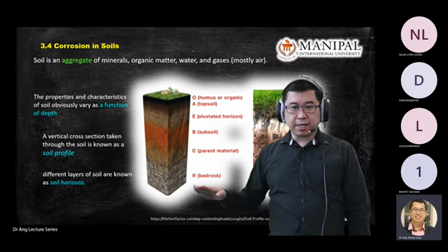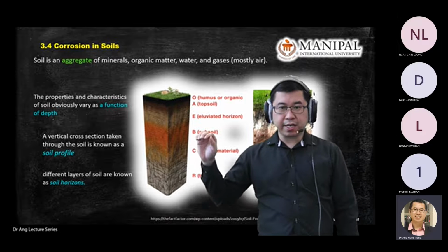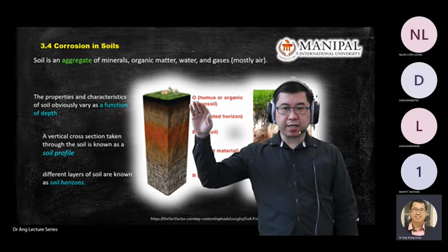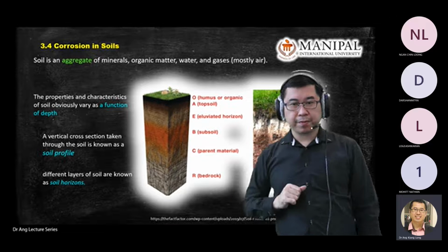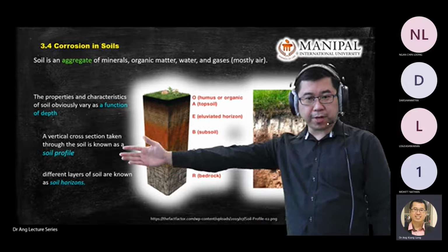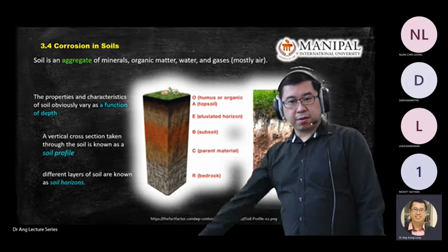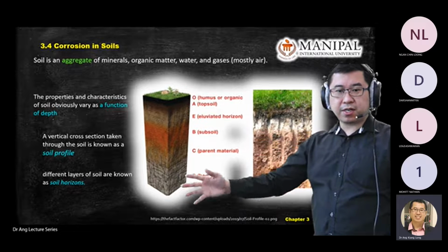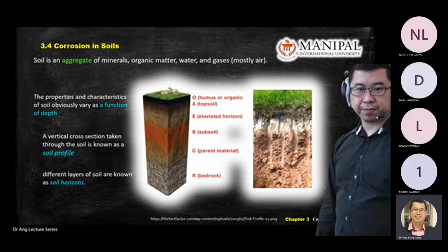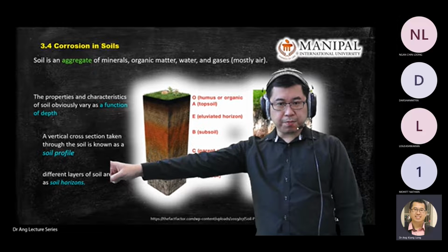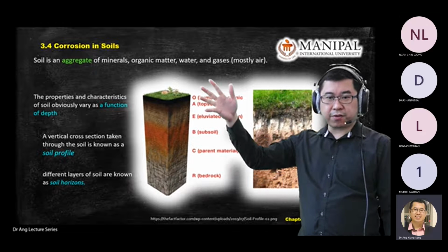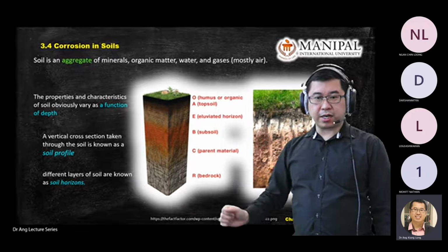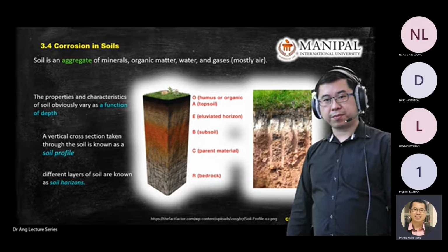So layer R, layer C, layer B, layer E, layer A, layer O. If you combine these two statements, soil profile actually consists of different soil horizons.